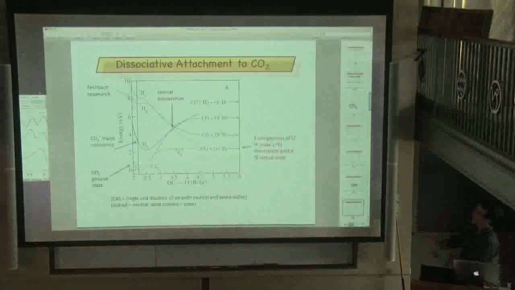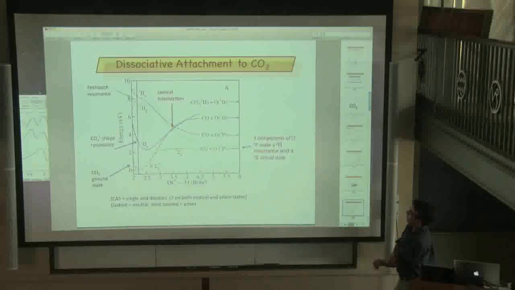With CO2, we've been doing calculations to try to make sense of everything. Right here, you want to look at that conical intersection with the arrow. We have the double pi G Feshbach resonance labeled there on the left, and the pi U shape resonance also labeled on the left, and they intersect there around 5 eV, 3 point something Bohr.